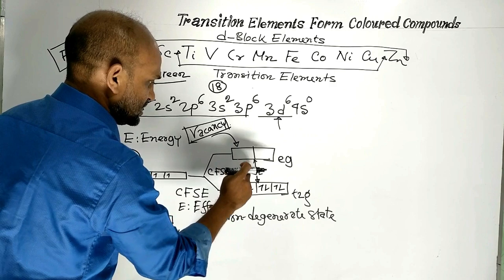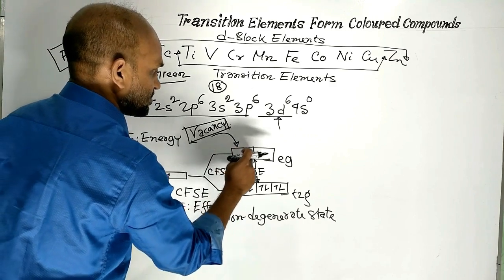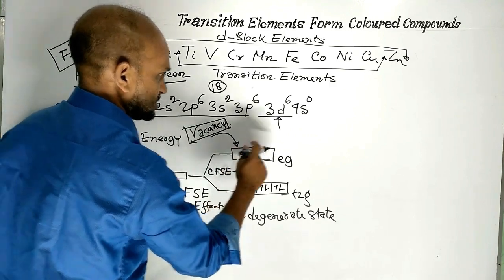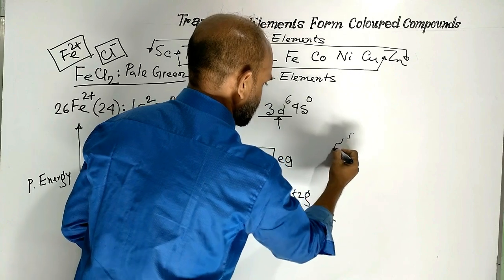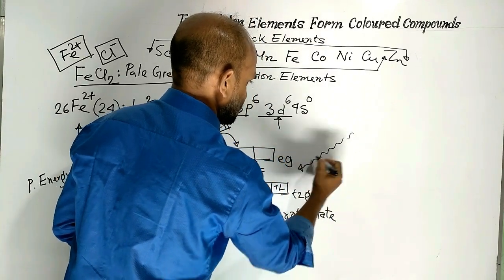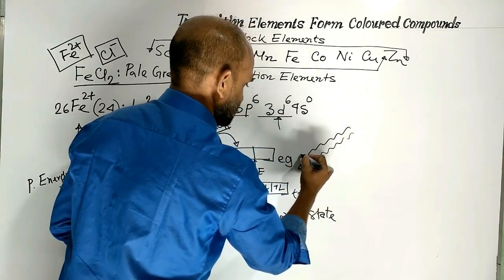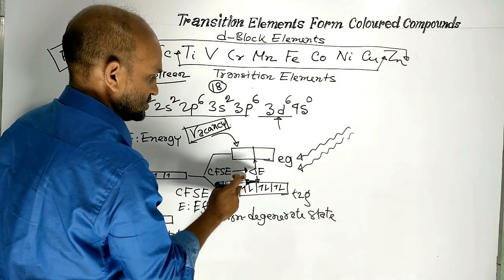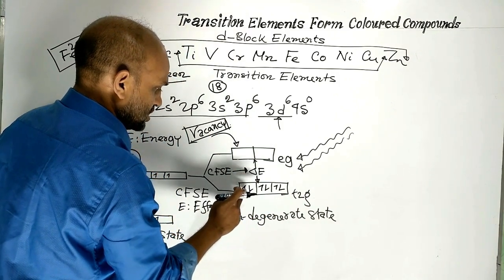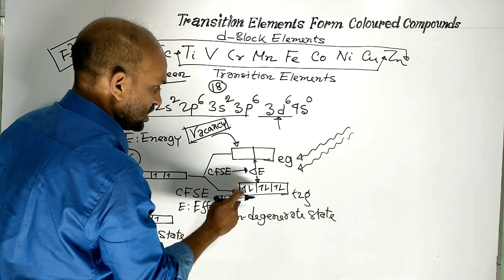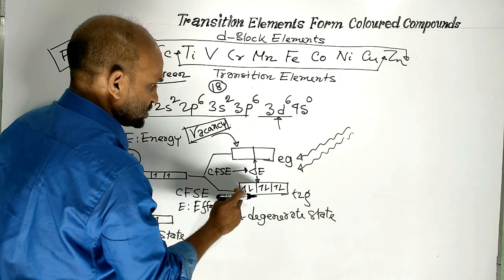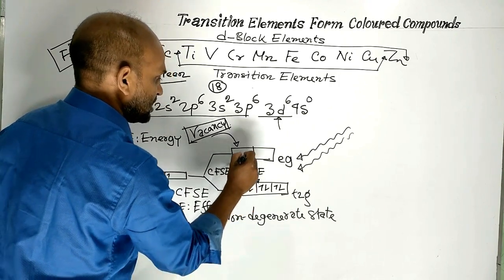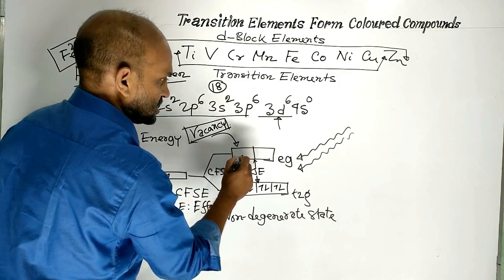Due to this energy gap and vacancy of orbitals, this ion can absorb energy, and as a result, electrons from lower energy orbitals shift to the higher energy orbitals.